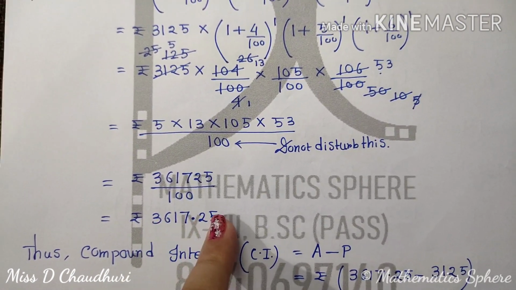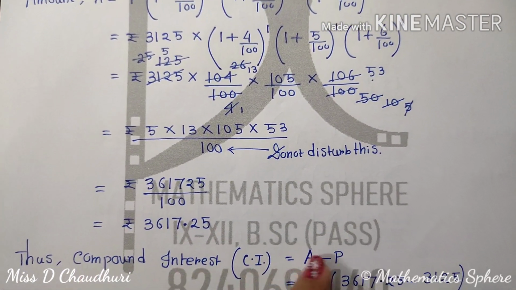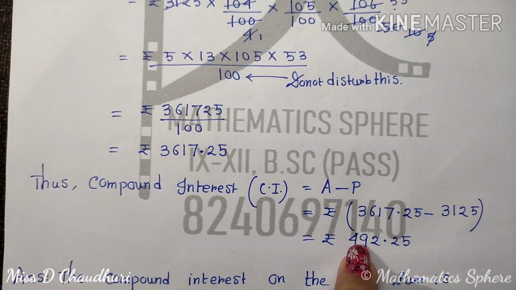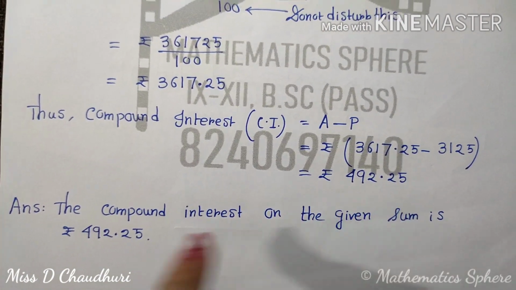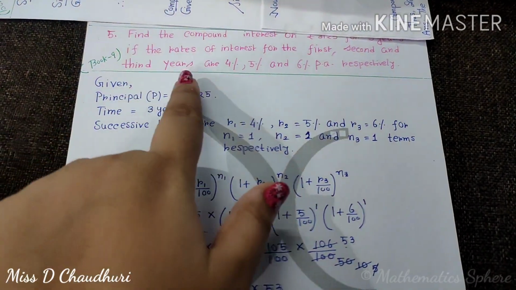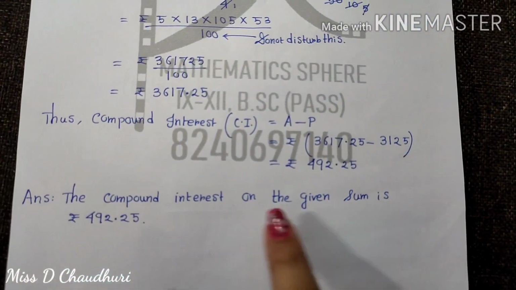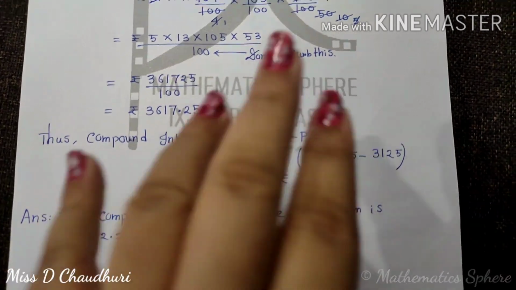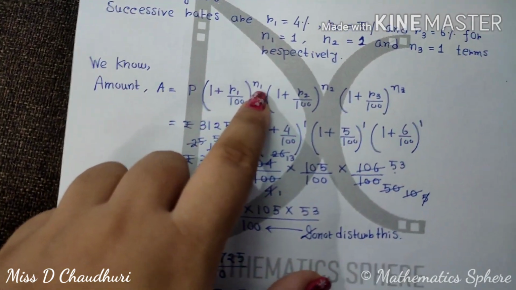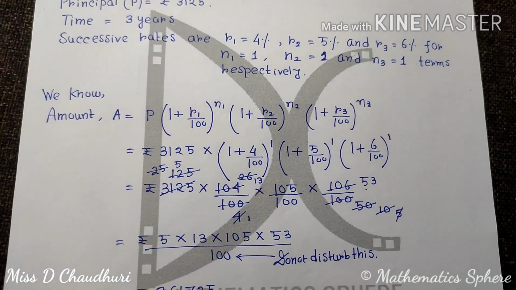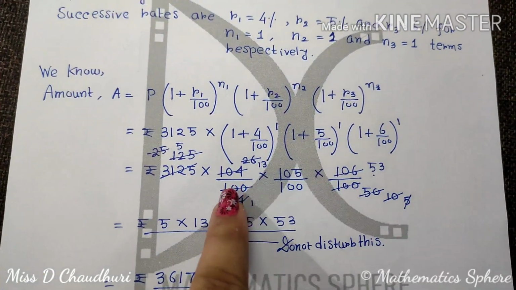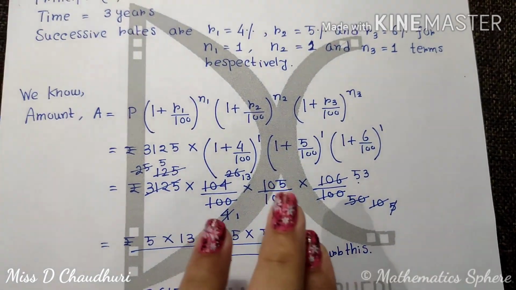So this one is coming to be the amount. Compound interest is A minus P, again it is this one minus this one, which will give you the compound interest as 492.25. Therefore the compound interest on the given sum, which they asked us to find, is rupees 492.25. Done, easy, nothing else. The only thing is that where we were working with whole to the power 3, the same thing would come three times, but here the rate is different each time, so we are just putting these as different things. Okay, I hope you got it.